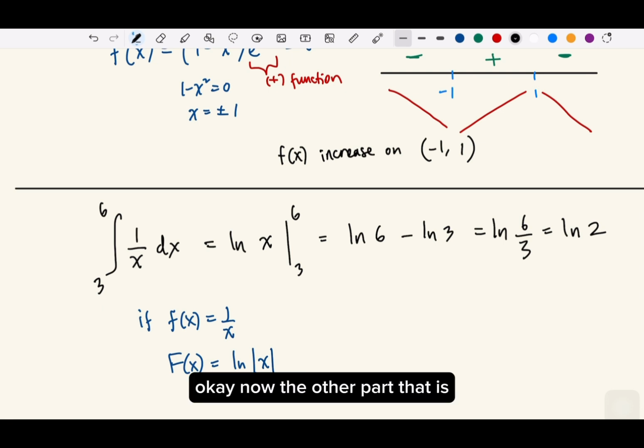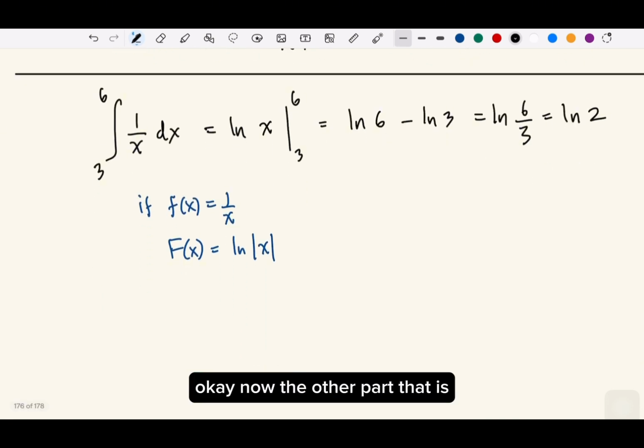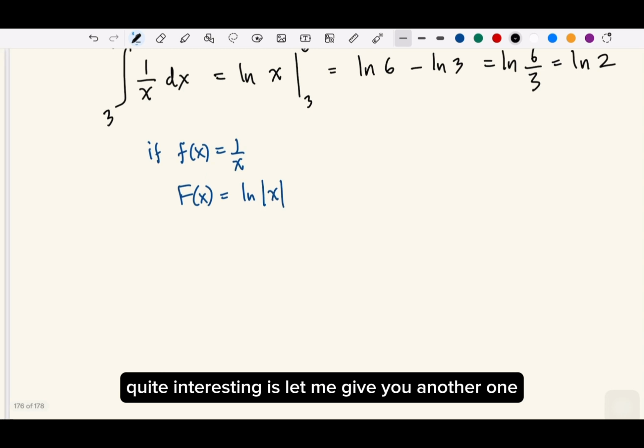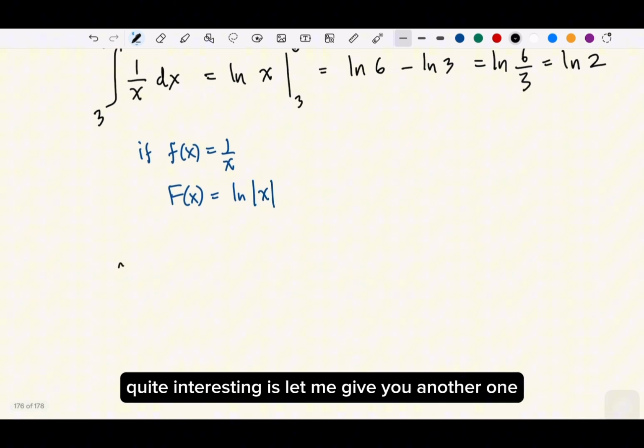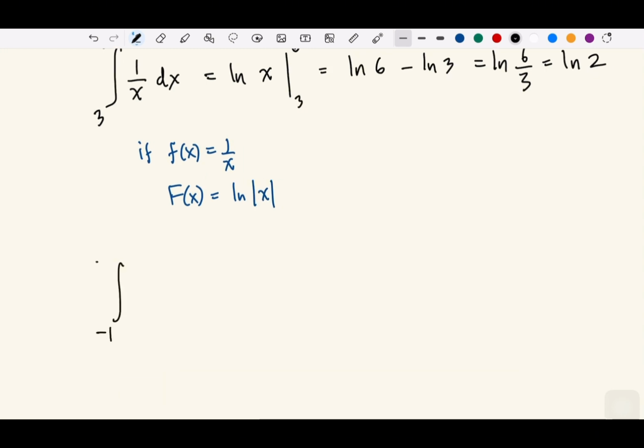Okay, now the other part that is quite interesting is, let me give you another one. Okay, 1 over x squared.